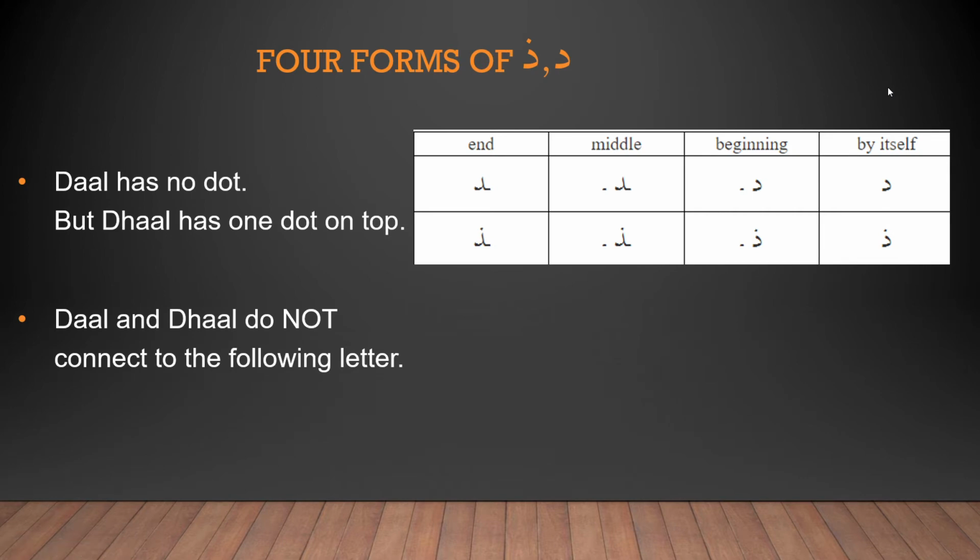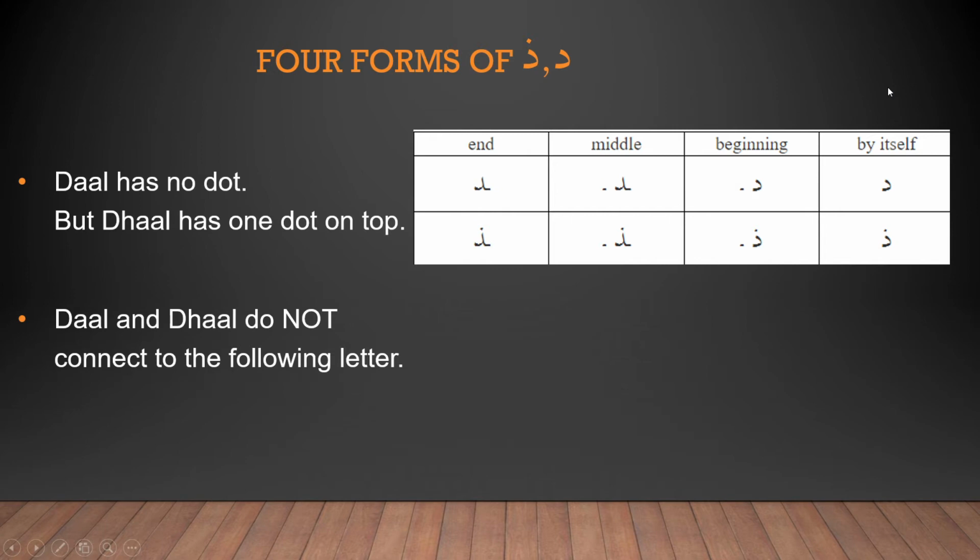Now let us look at how to recognize Dal and Zal in the Arabic alphabet. As we have already learned, there are four forms of any letter. So let us look at the four forms of Dal and Zal. Dal by itself, in its original form, is like this. It's just the angle which I showed you. At the beginning, Dal is also the same, but it has another letter after it.